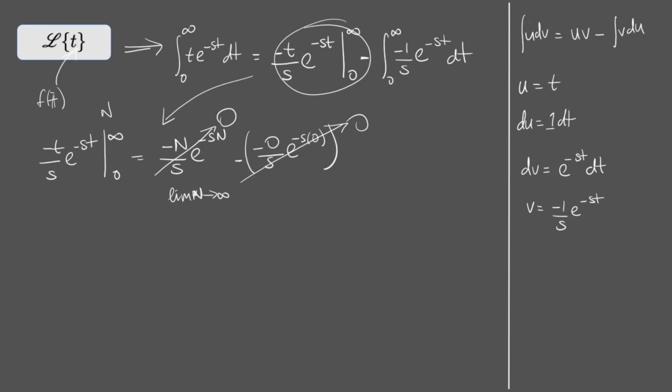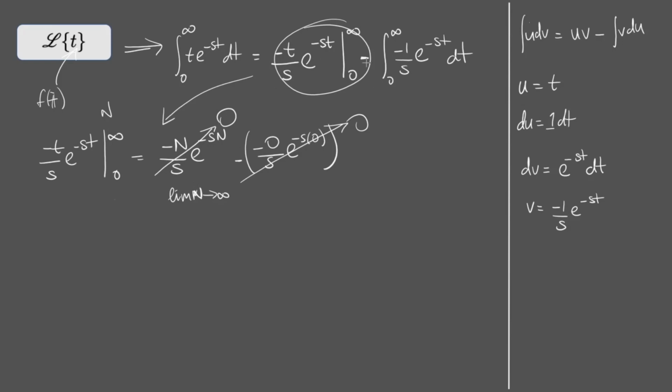Practically, this is minus n over e to the sn, times s. This is going to go to 0 very fast, because of the e to the minus sn. That means we can clean this up, and we're not going to use this first part.